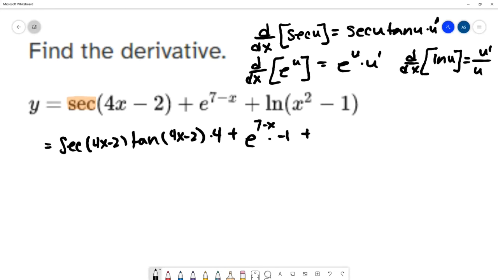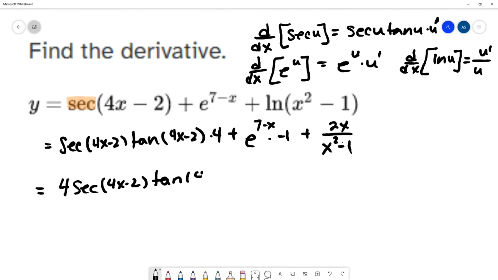And then the last one, natural log of x squared minus 1. That's u prime over u. The derivative of x squared minus 1, that's 2x over x squared minus 1. And just to do a little algebra to simplify this, we would write this as 4 secant of 4x minus 2 tangent of 4x minus 2 minus e to the 7 minus x plus 2x over x squared minus 1.